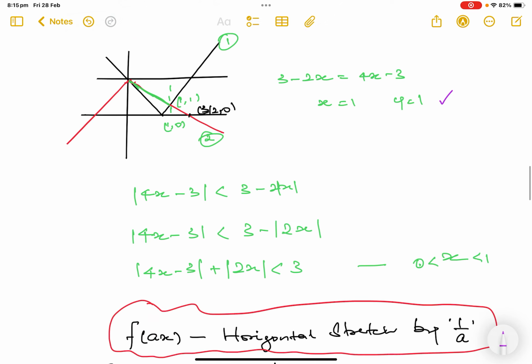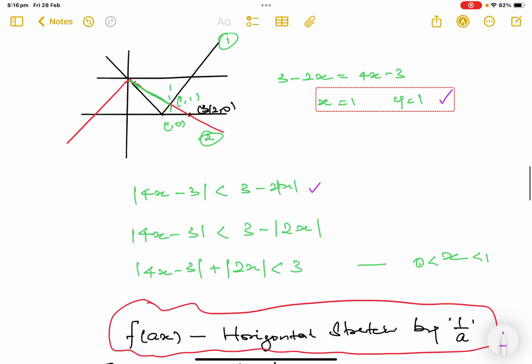We have the original graphs, 4x minus 3 and 3 minus 2 mod x. As I said, only in the green part is the red graph greater than the black graph. So modulus 4x minus 3 less than 3 minus 2 modulus x. This is purely from the graph, and I just rearranged it, taking the 2 inside to simplify it.